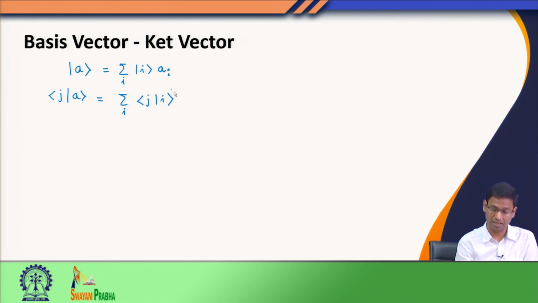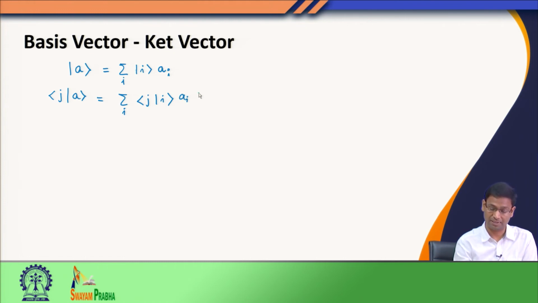So, ket A is defined as the linear combination of these terms with coefficients A i, and I am multiplying the bra j from the left on both sides, the left hand side and the right hand side of the terms.